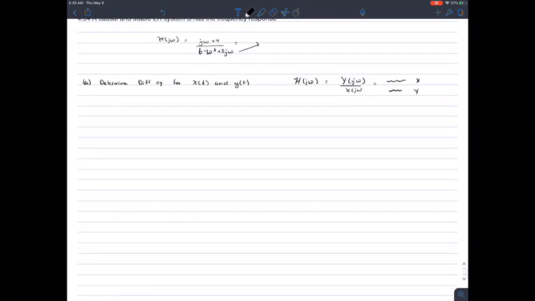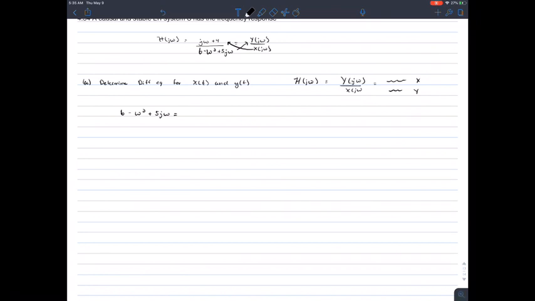So I'm going to show you what I'm talking about here. So 6 minus omega squared plus 5j omega is going to be equal to, let me make this more obvious. So we're moving this back over here to make that Y of j omega, and moving this back over here to make that X of j omega.